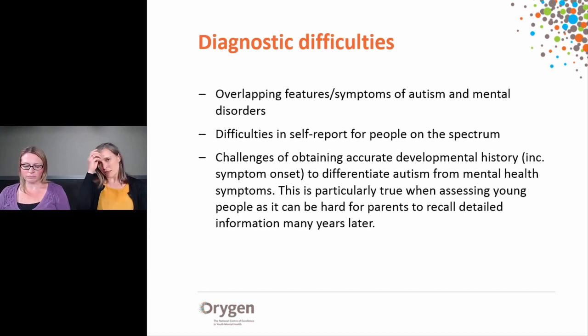So having a think about some of the diagnostic difficulties that we might encounter when we're working with young people with autism. For instance, there's a lot of overlapping features and symptoms of autism and different mental health disorders. A simple example of this is nonverbal communication: there might be reduced use of facial expression in autism, and in things like depression or in psychosis, we might see a blunted affect.